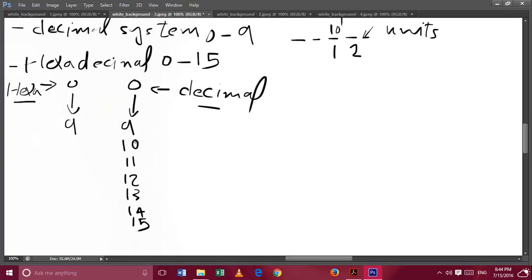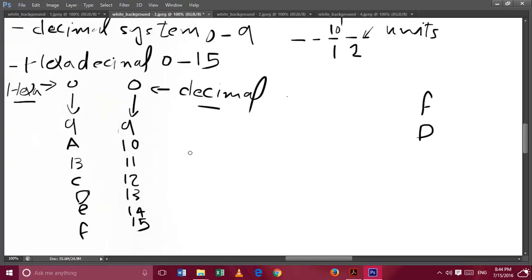For 10, the equivalent in hexadecimal is A, B, C, D, E, and F. So if you want to write 15 in hexadecimal notation, you write the letter F. If you want to write 13, that would be D.